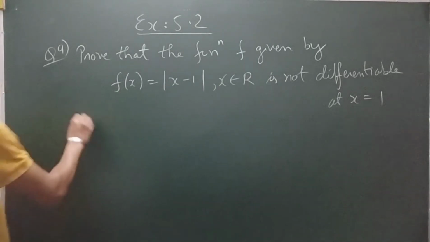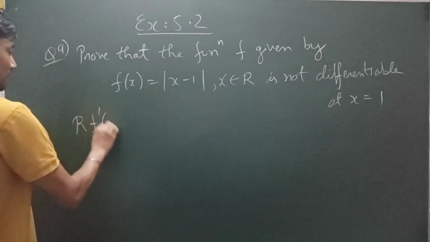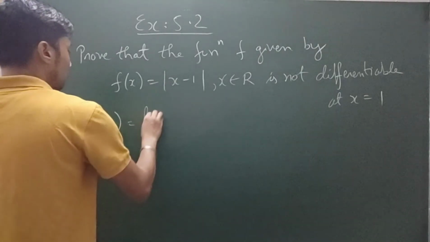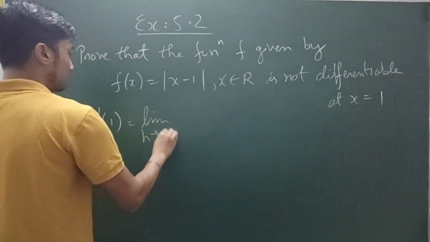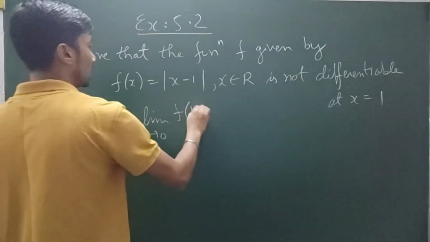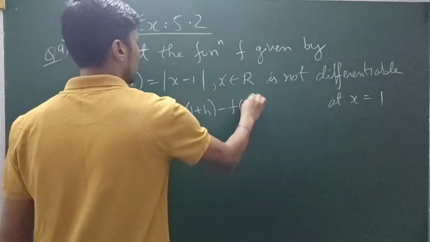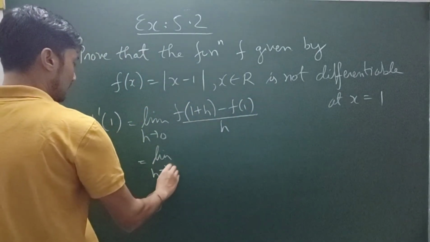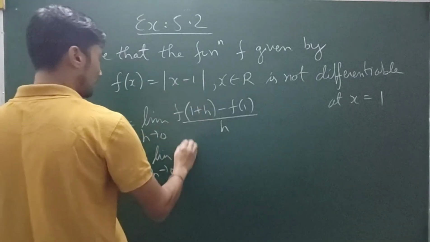Alright, so let's go for the right hand derivative, f dash of 1 at x equal to 1. So it is the limiting value as h tends to 0 of f of 1 plus h, right hand, minus f of 1, divided by h. What is the function here? Mod of x.